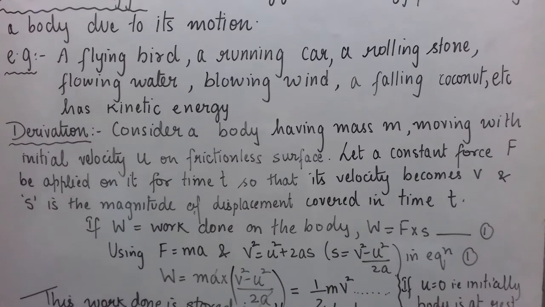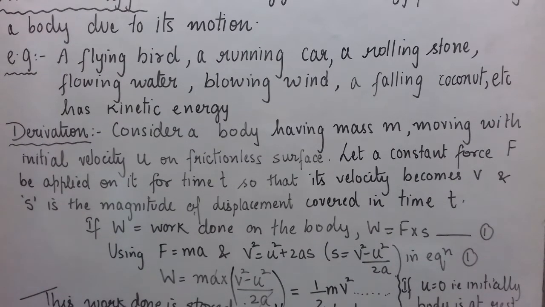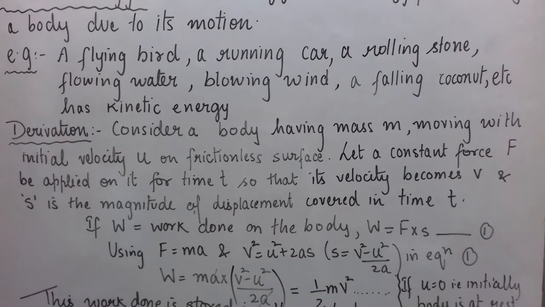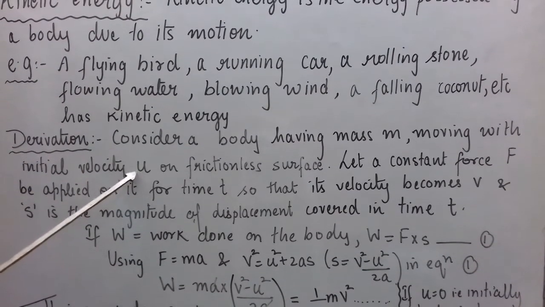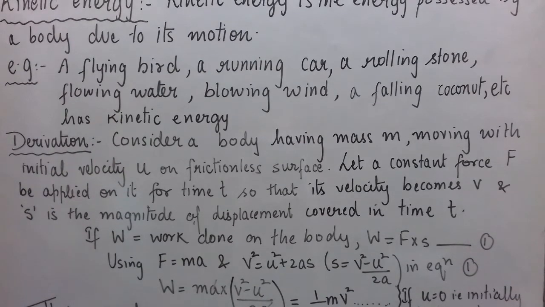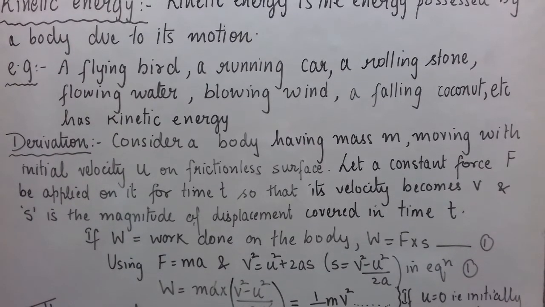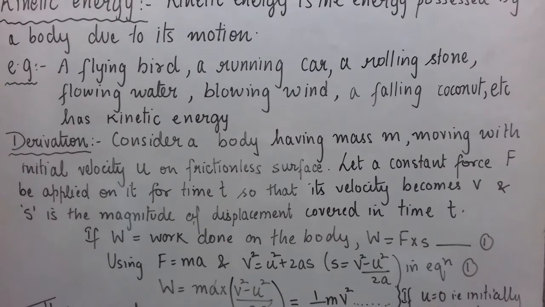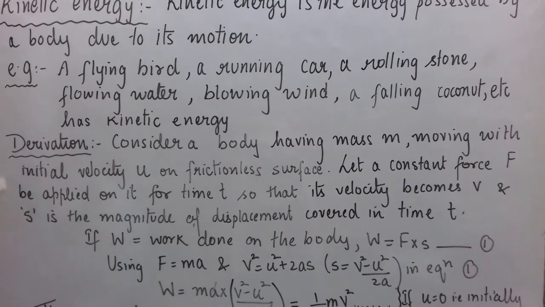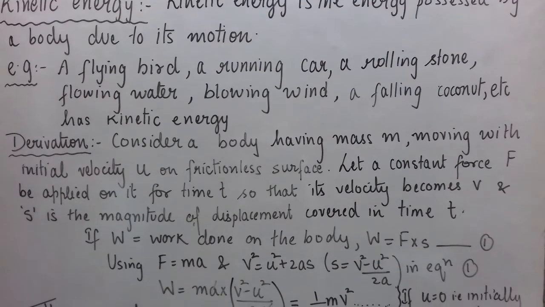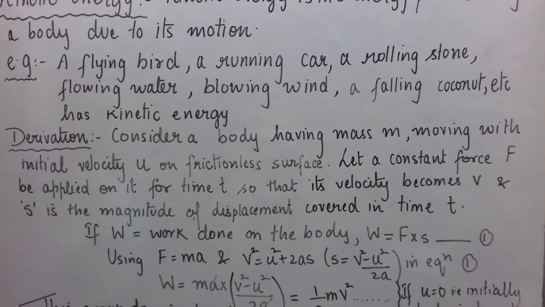Now, for the derivation, what we know is that work and energy are equivalent. So if a body is moving with some velocity u and we do work on it, whatever work is done on the body will be equal to the change in its kinetic energy.